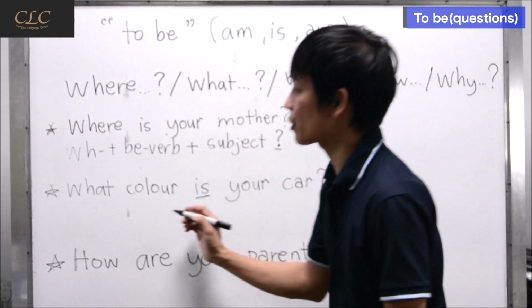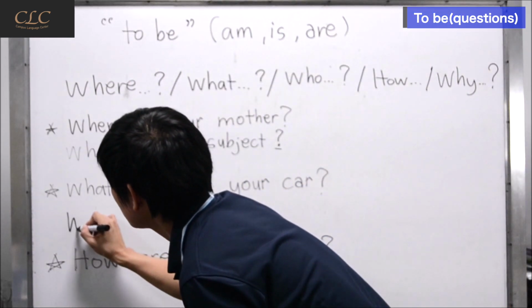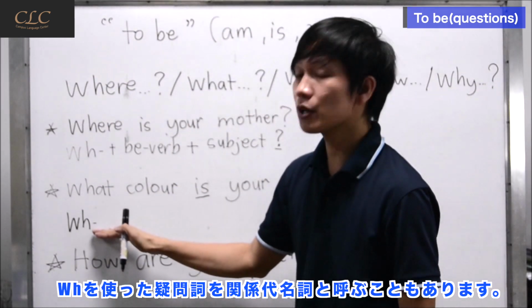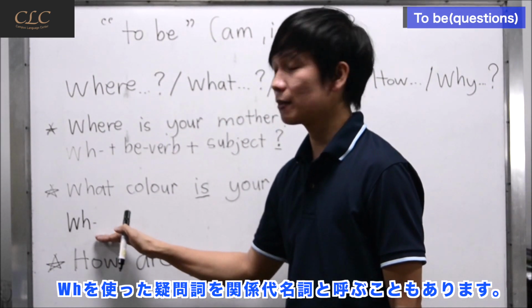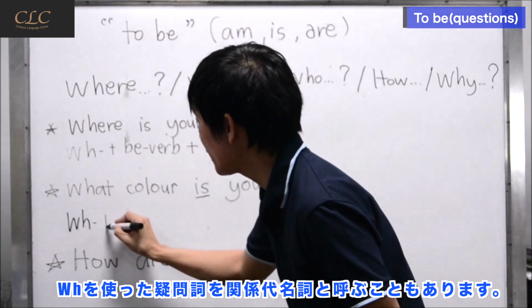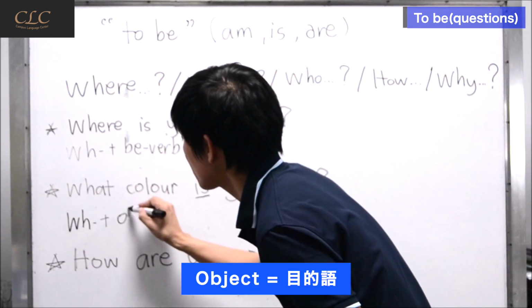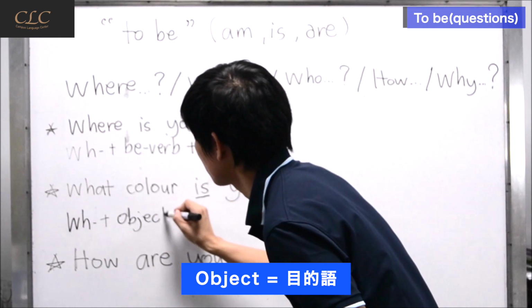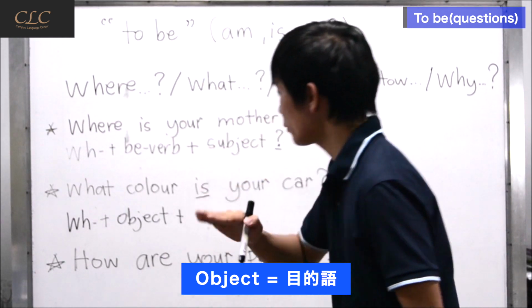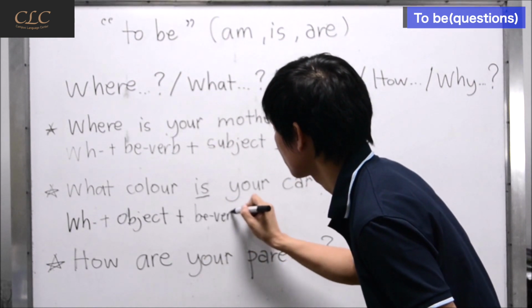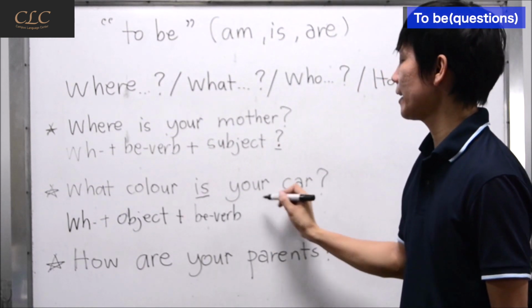Now let's check the structure. What is the structure? We have here the WH question, or we can also call this one relative pronoun, and then there is an object, color. So plus object. And then don't forget the be verb. And then the subject.